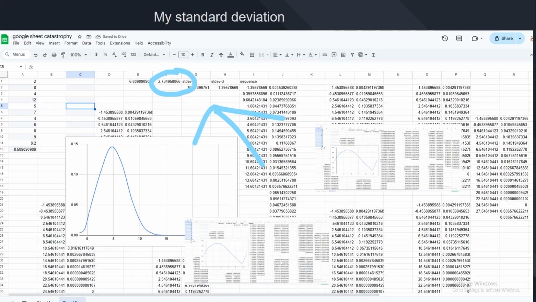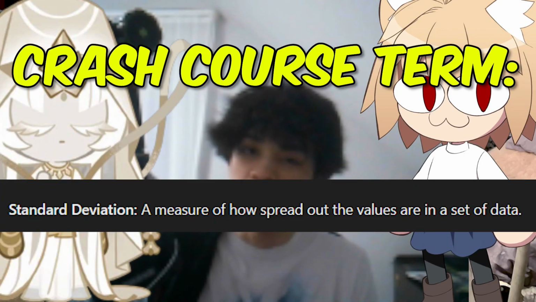Right here. It took many hours of calculations, but I eventually figured out what my standard deviation for my social interactions was. Now, what even are standard deviations? Now we're on to the conclusion.